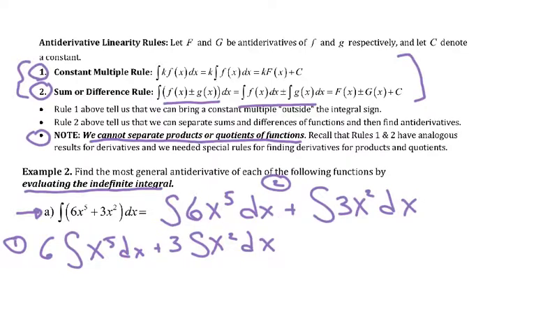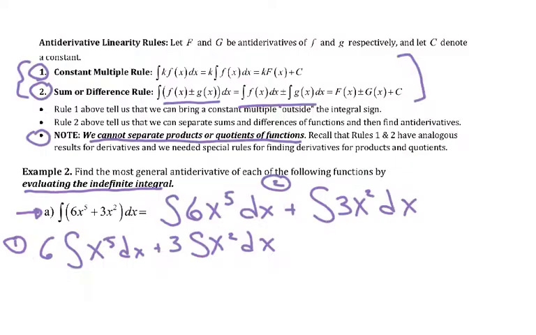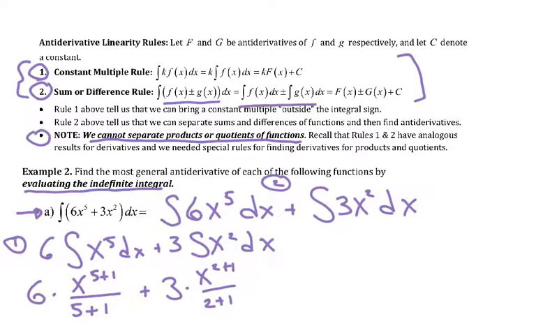And now I will apply this power rule. So I have a 6 times, what am I supposed to do? Add 1 to the power and divide by the new power. That's the first antiderivative. Plus 3 times, add 1 to this power, 2 plus 1, divided by 2 plus 1.